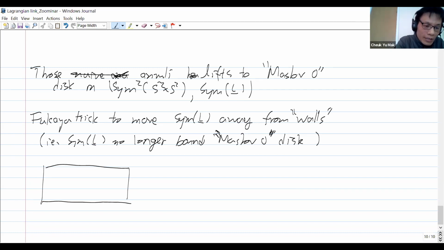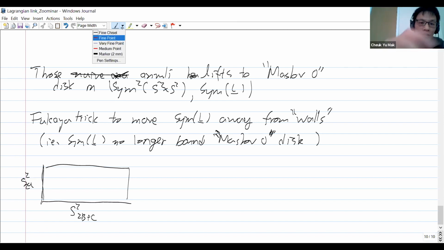So we have a factor of S2 which has smaller area, area 2A, and another factor here, a sphere with area 2B plus C, which is larger. And then our disconnected Lagrangian is a union of two moment map fibers, L1 and L2.